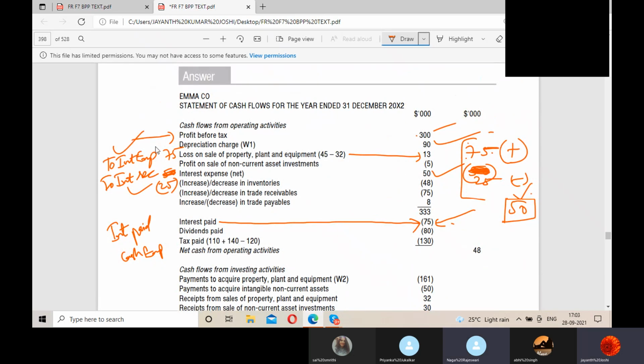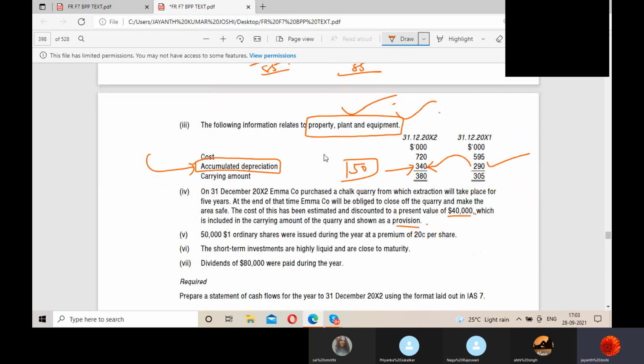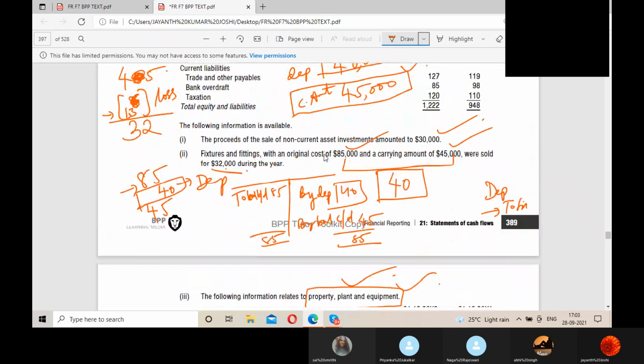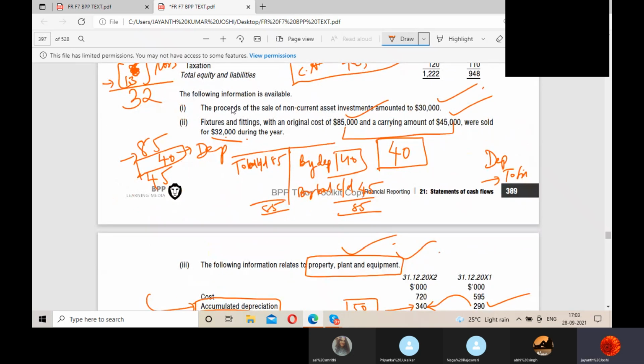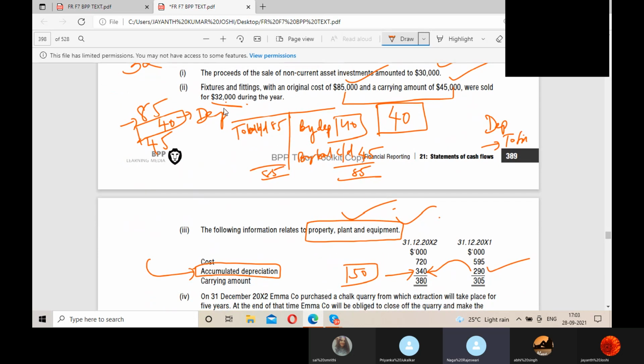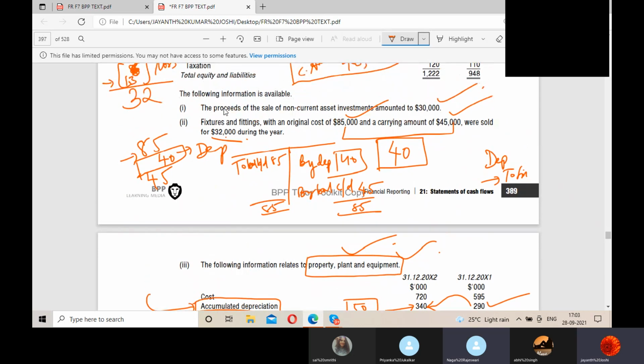Fine. And then loss on sale of property, plant and equipment. Here things are very clearly given. See, fixtures and fittings is actually 85,000, and they have now become 45.